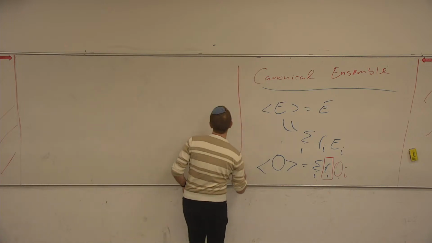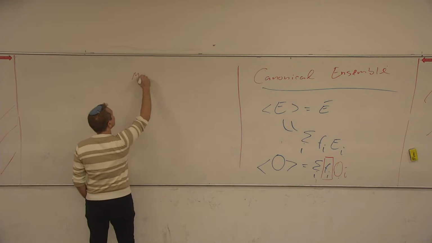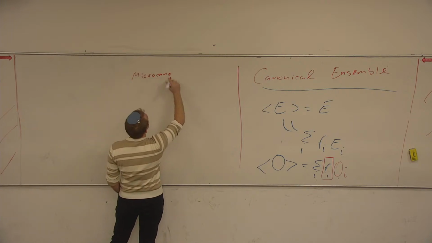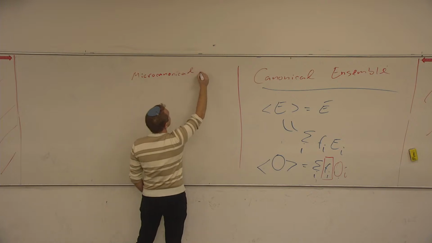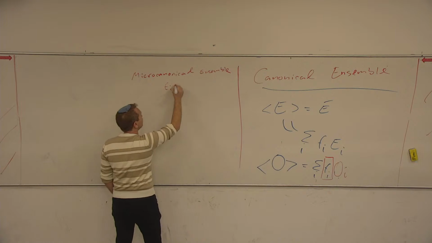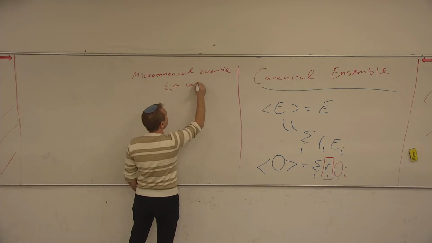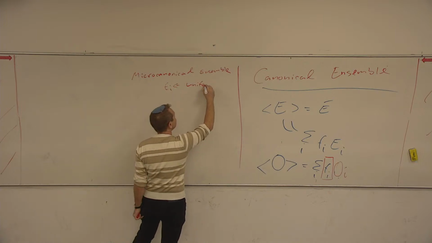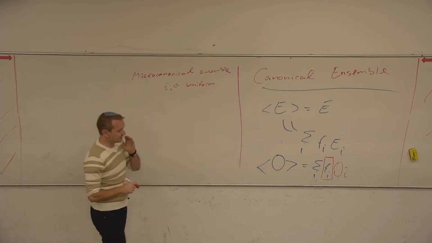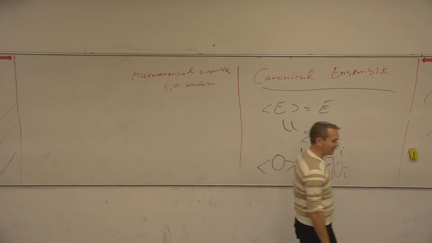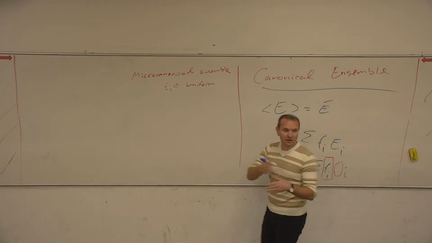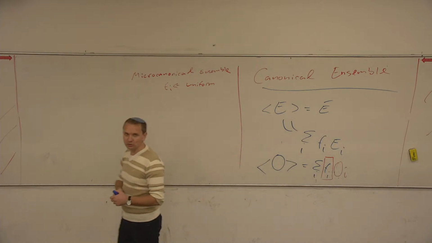Now we are trying to make one step forward and to make things a little bit more complicated. Okay? So for microcanonical ensemble, Fi is uniform. Now, what is the distribution or probability that is still simple, but it's on the level of the uniform distribution?